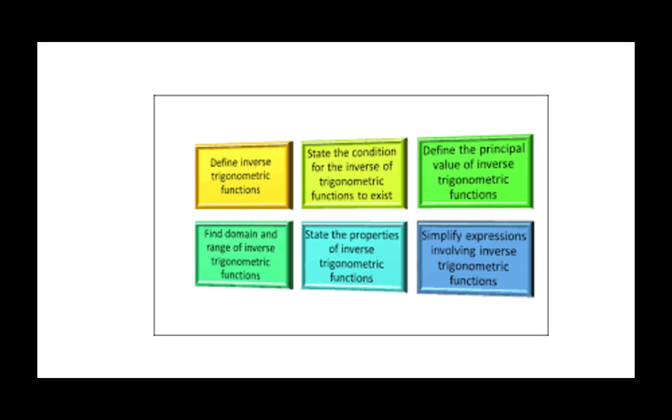Then we can also state the properties of inverse trigonometric function, different properties which are very important and that we are going to use to solve the problems. Then we can simplify expressions involving inverse trigonometric functions. That means we are going to see the examples based on inverse trigonometric function.